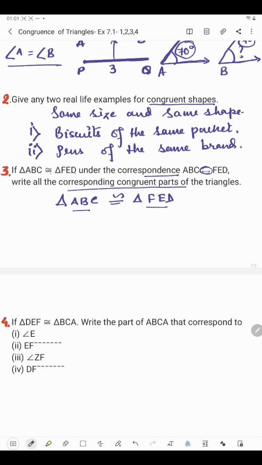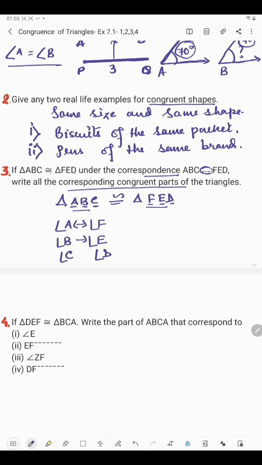Now let us first write the angles. See here, from this triangle the letter A is written at first, and from this triangle the letter F is written at first, so angle A is equals to angle F. Similarly, the letter B is written in between, and in this triangle E is in between, so angle B will be equal to angle E. Then we have C, and C corresponds to D, so we'll write angle C is equals to angle D. Since we have to write the corresponding parts, we will have to give the symbol of correspondence in between.